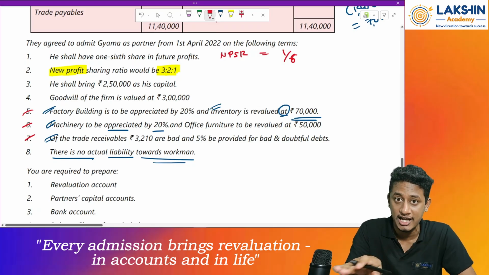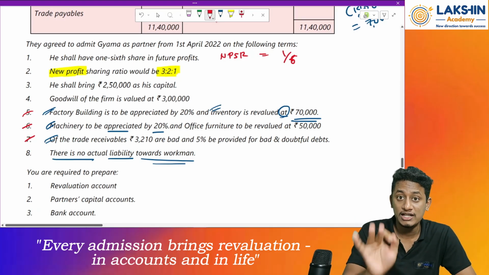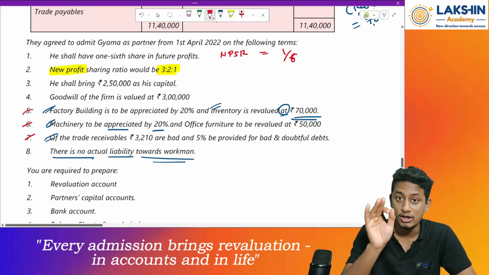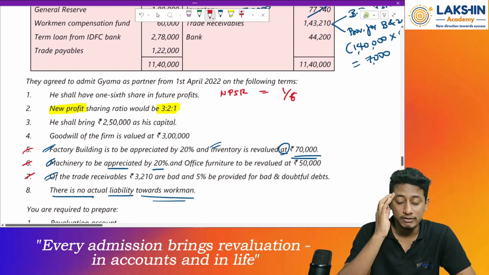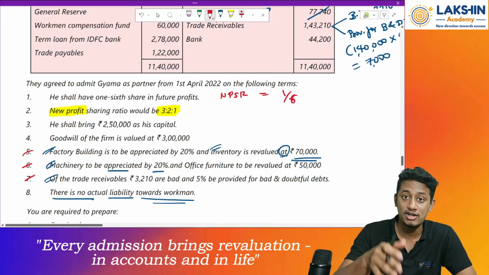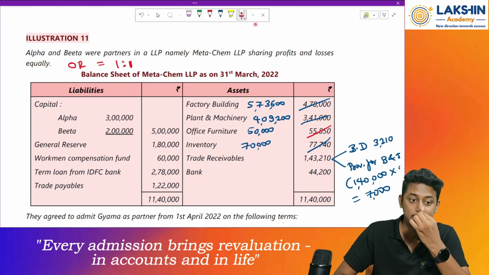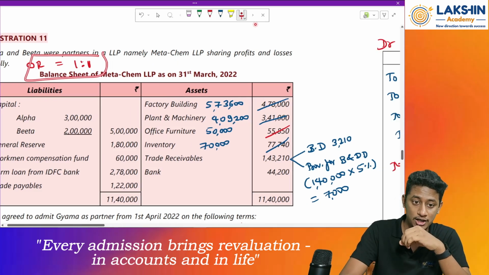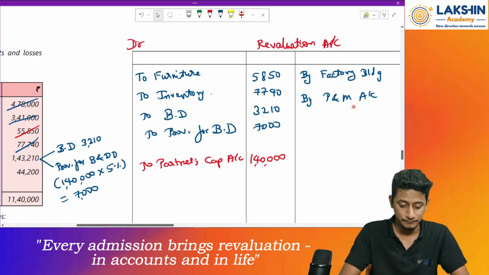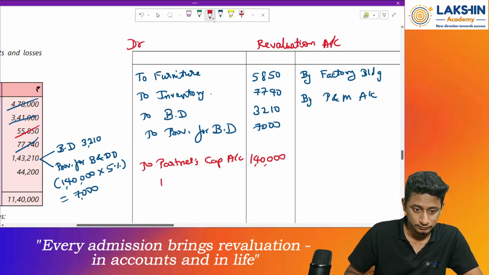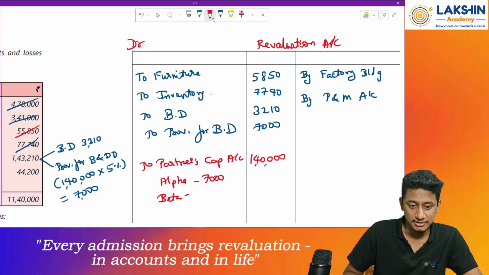So we will prepare only the revaluation account and not the memorandum revaluation account. So whatever the profits or losses are because of the revaluation will be shared between old partners only. So what is the ratio between old partners? It is equal partners. So 1:1. So therefore 1,40,000 divided by 2 is rupees 70,000. So alpha and beta, 70,000 each. That is equal share.